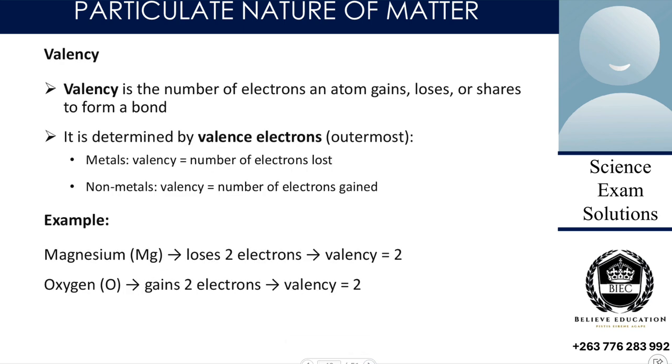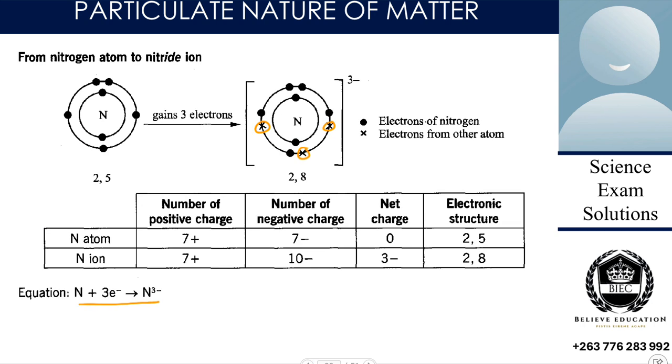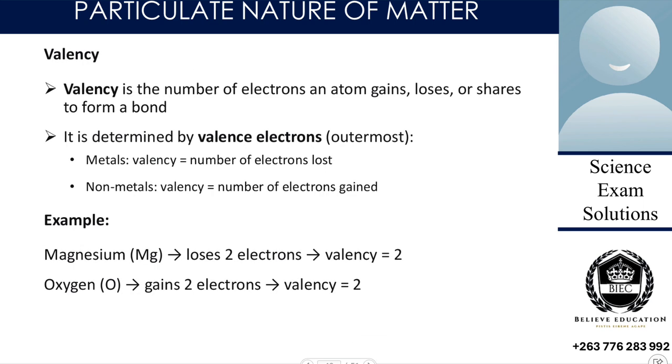So having looked at our ions, we want to consider this term because it goes hand in hand with ions. The term we want to meet is valency, and valency is the number of electrons an atom gains or loses, or shares to form a bond.